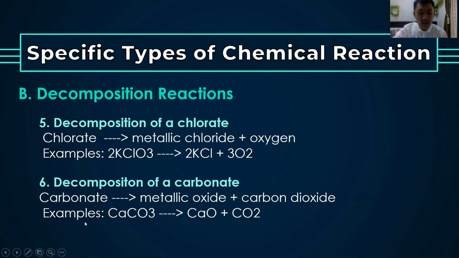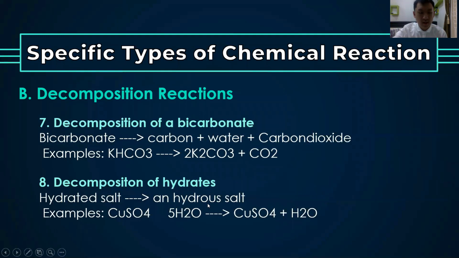Examples include CaCO3 yields CaO plus CO2. Then next is decomposition of a bicarbonate. Bicarbonate yields carbonate plus water plus carbon dioxide. Examples include 2KHCO3 yields K2CO3 plus H2O plus CO2.